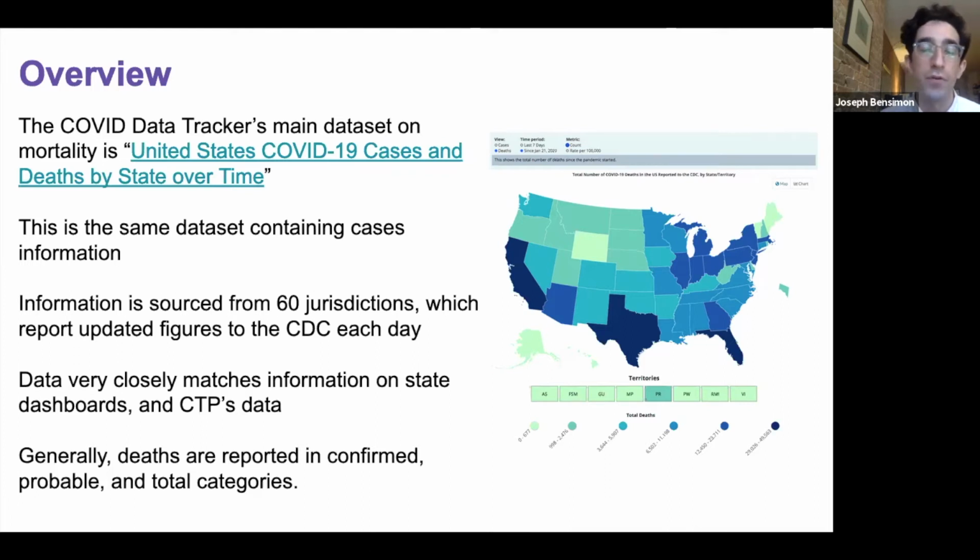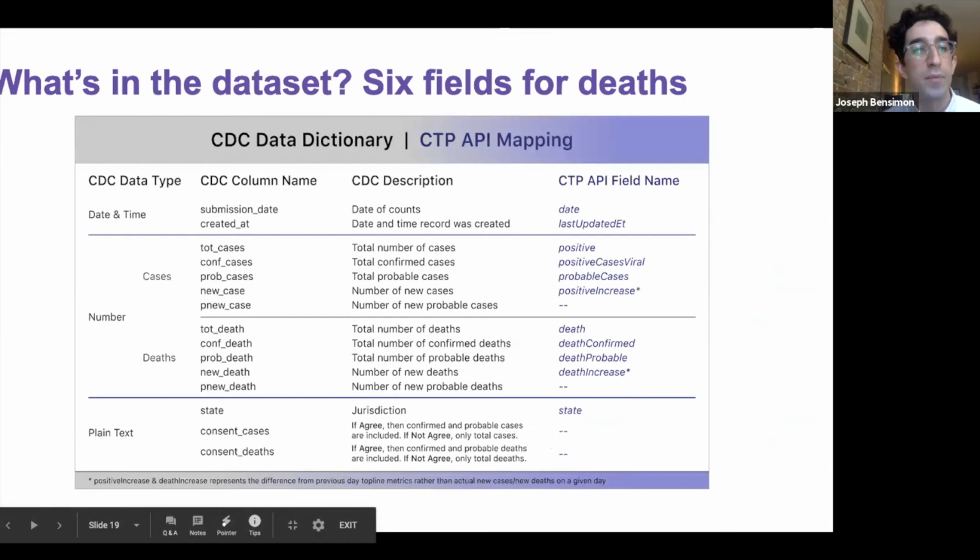This matches up very closely with what is on states' dashboards. Obviously, the states are reporting to their dashboards, and they're reporting to the CDC. And at the COVID tracking project, we use state dashboards as a source of information. So that all aligns. In terms of the information that's reported about deaths, it breaks down into total deaths, confirmed deaths, and probable deaths. If we could just go to the next slide, please.